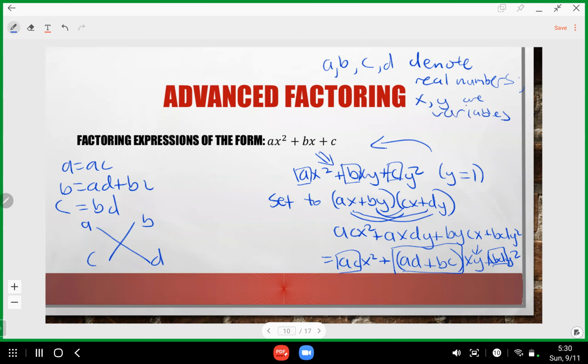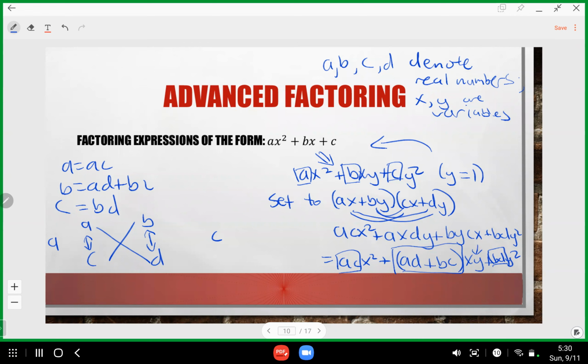What is C? It's BD. B and D are factors of C. A and C are factors of A. You list the factors of them.